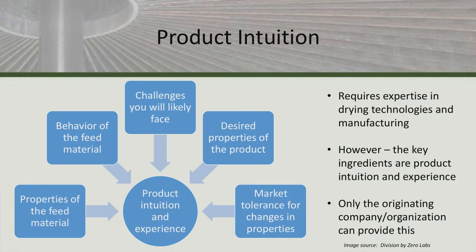They have this intuition from handling their materials in the lab for the last 5 years and from talking to their customers and just understanding what the market wants, what it needs, and what it will tolerate. These are things like properties of the feed material, the behaviors of the feed material, challenges that will be faced during scale up, the desired properties of the product, and the tolerance within the market for changes in these properties. So we'll go into each of these in detail.